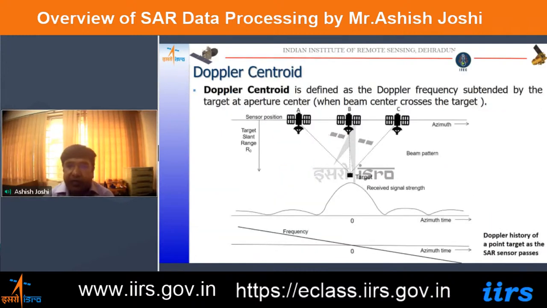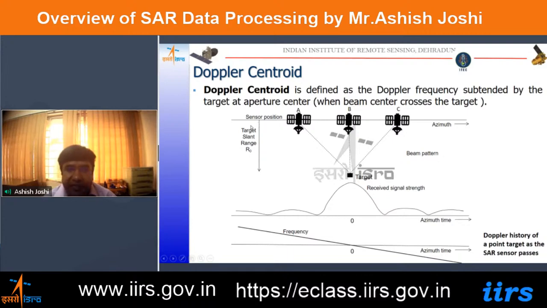In SAR data processing, we have to calculate the Doppler centroid, because we have the Doppler effect in the SAR, and it is used in the SAR data processing. The Doppler centroid is defined as the Doppler frequency subtended by the target at the aperture center when the beam center crosses the target.